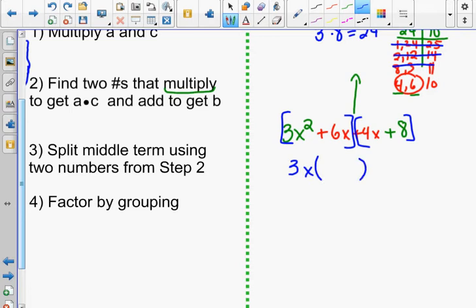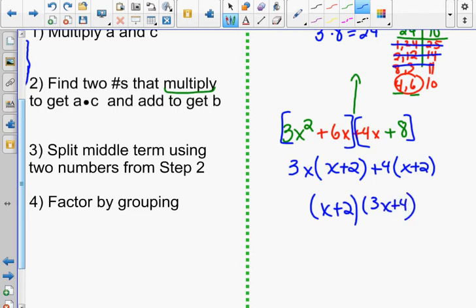And what we have left over in the parentheses is going to be an x plus 2. When we find the GCF of the second two terms, that's going to be a 4. So I'm going to write down plus 4, and then in parentheses afterwards I have an x plus 2. And now just like before, I'm going to write my final answer, the two binomials. That's going to be an x plus 2 and a 3x plus 4.